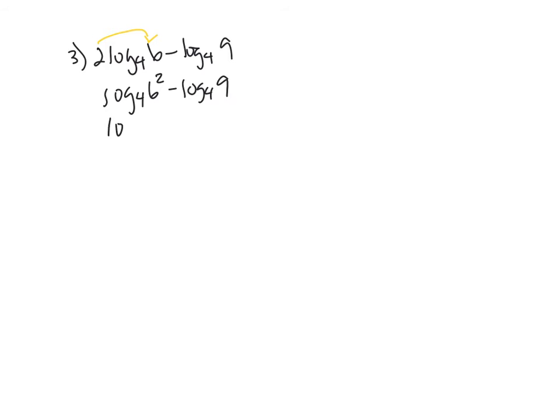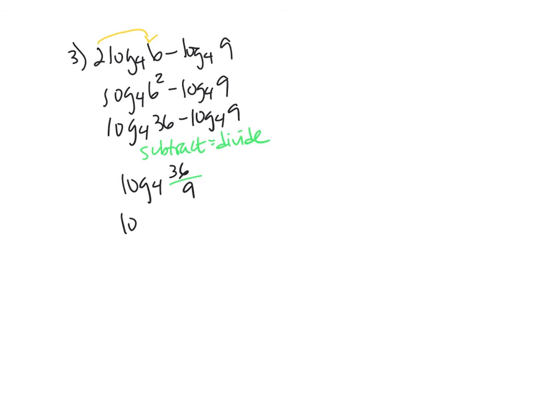Well, 6 squared is 36. Now we can see that subtraction means to divide. So we have log base 4 of 36 divided by 9. 36 divided by 9 is 4.